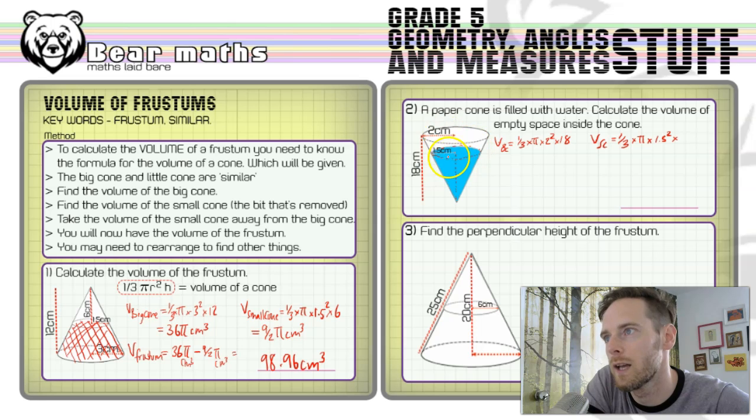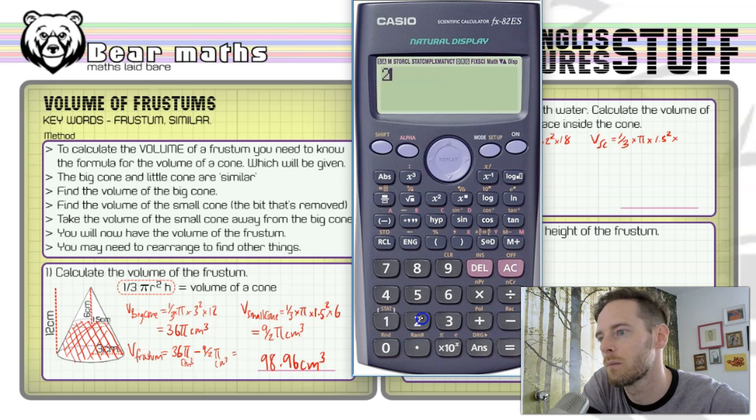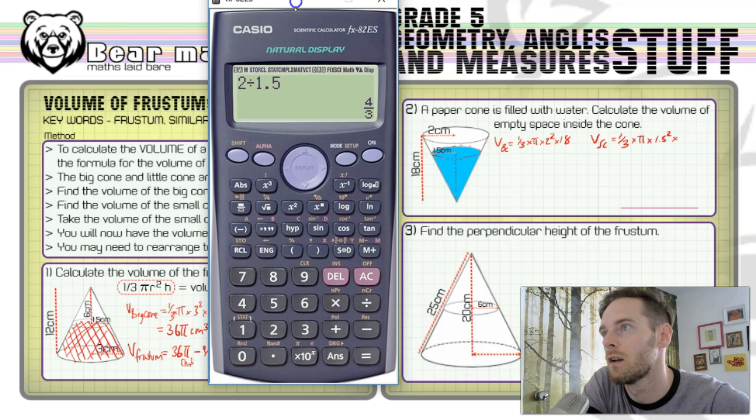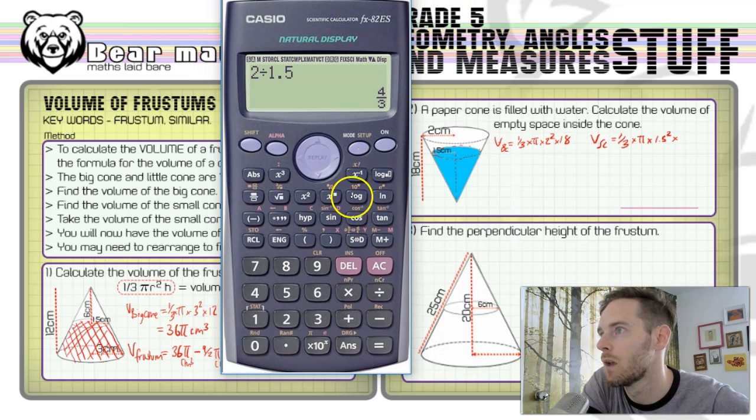So the way that we're going to find that is we're going to work out the linear scale factor, the length scale factor, between these two numbers. I'm going to do the 2 and divide it by 1.5, and that's how many times bigger it is: 1 and 1/3 bigger, or 4/3 the size.